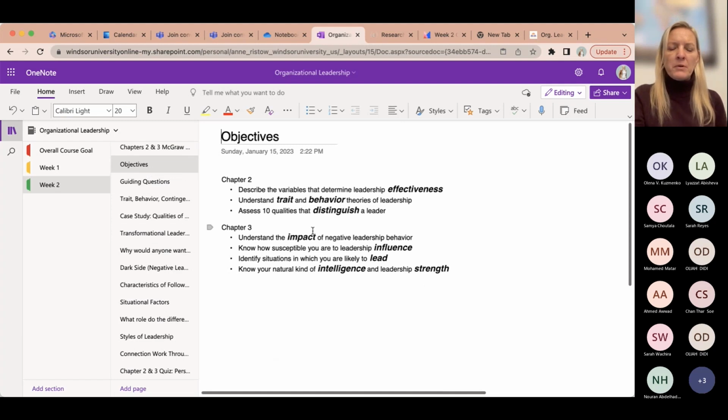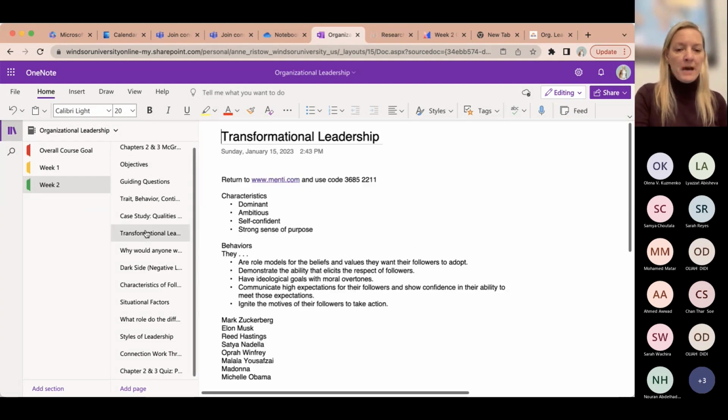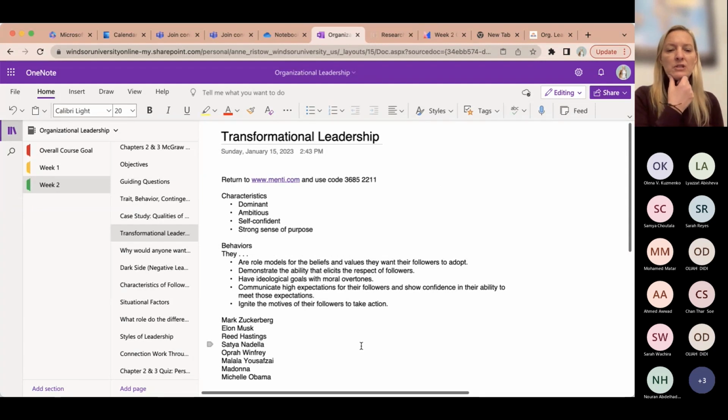If we remember, we want to make sure that we're looking at qualities that distinguish us as a leader, and the experiences that we just had were offering us the opportunity to look at our decision making and affirm or extend how we approach our leadership. So welcome back. We're going to move into transformational leadership, and then why would anyone want to be led by me? And then we'll return to the Mentimeter.